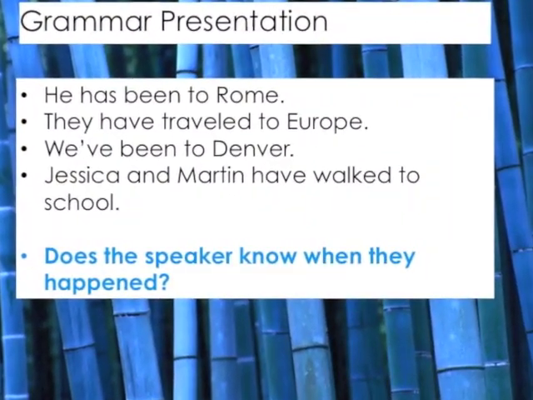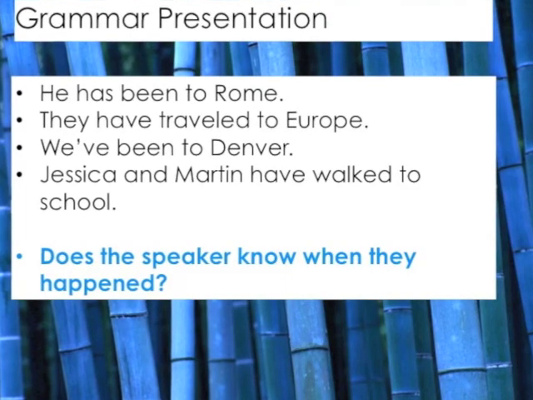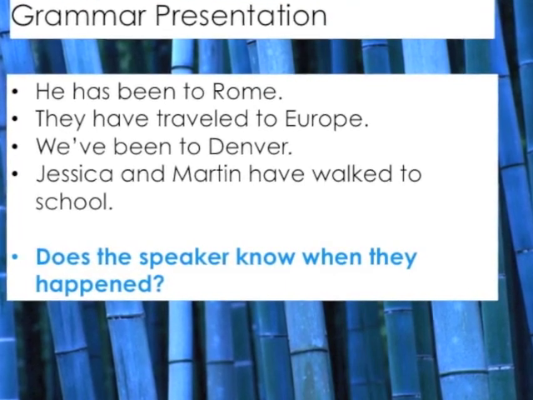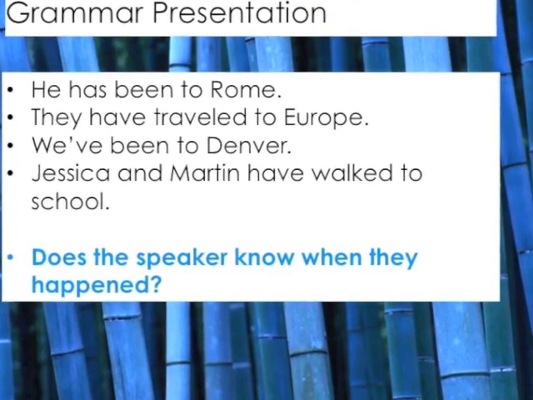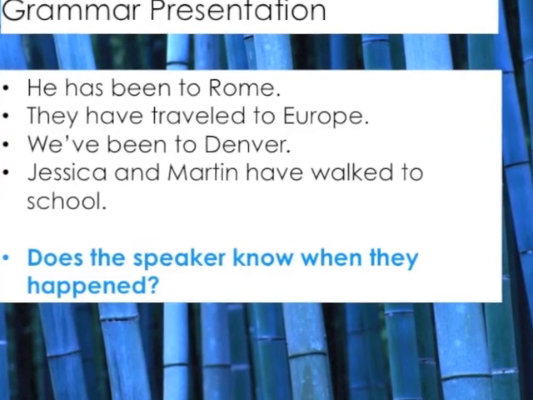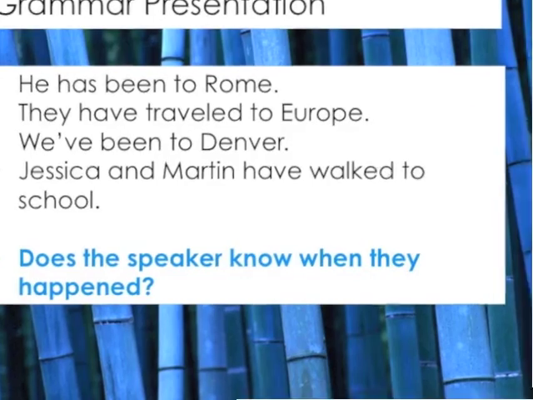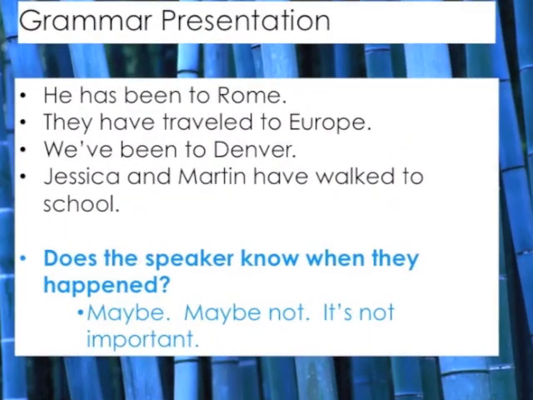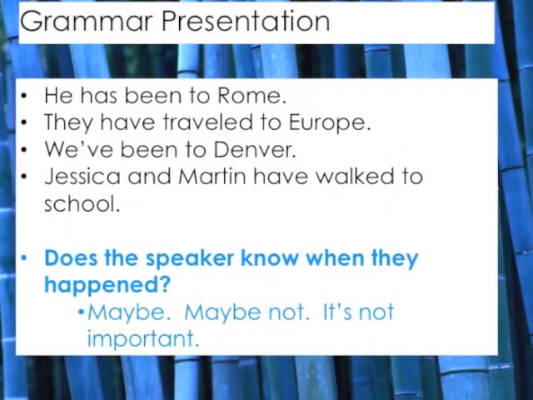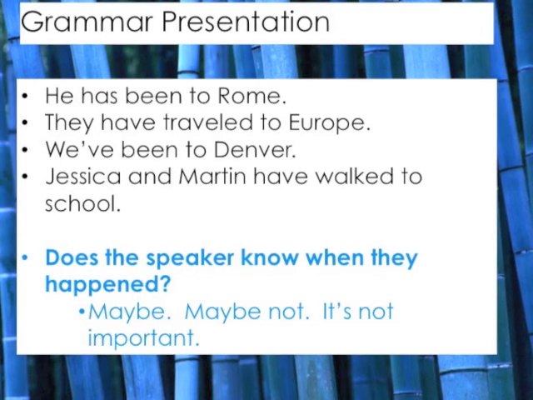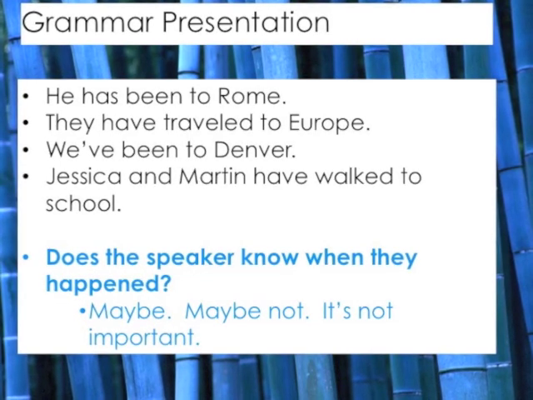Looking at these same sentences, do you think that the speaker knows when these events happened? Go ahead and pause and see if you can figure out if the speaker knows when they happened. From the sentences, we can't tell if the speaker knows when the events happened.